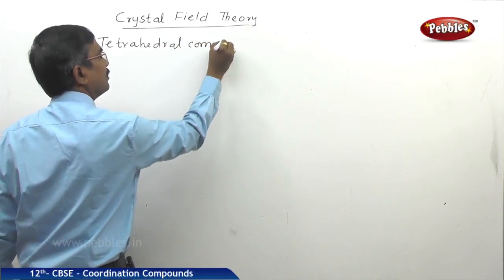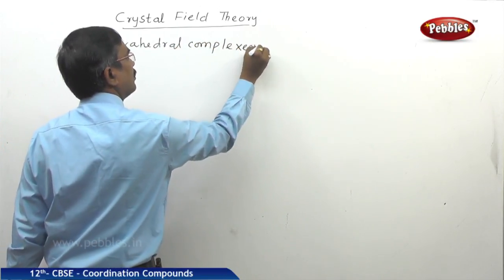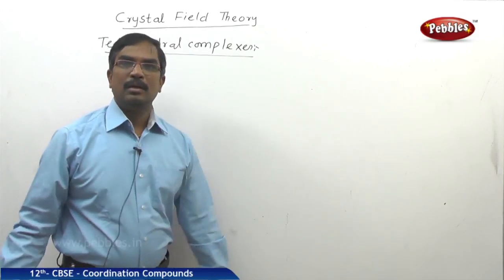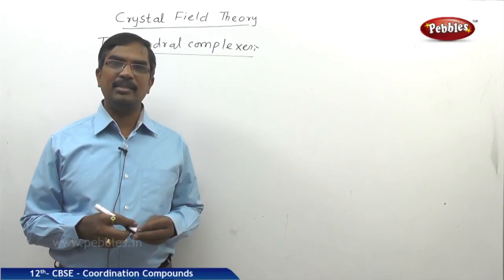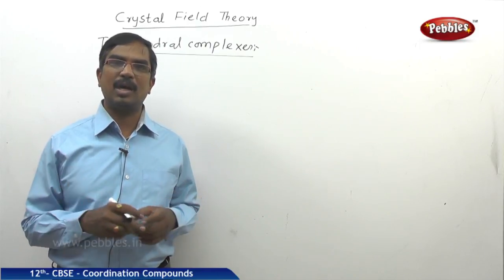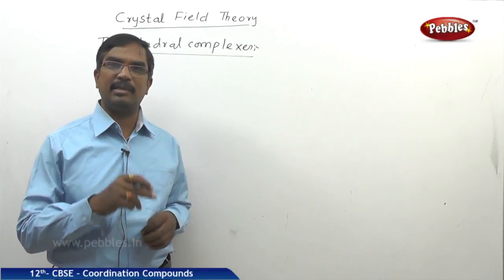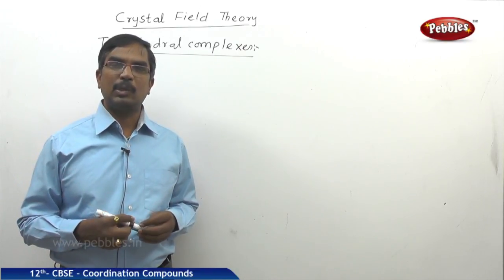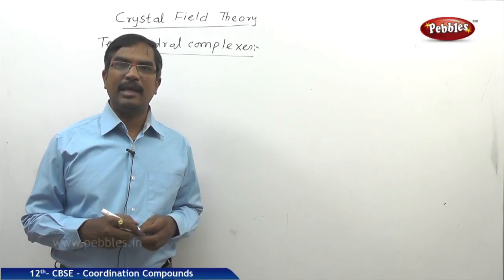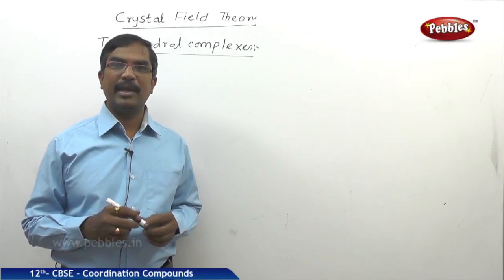Tetrahedral complexes. In the case of tetrahedral complexes, we have only 4 ligands. To understand how the ligands are arranged, just assume a cube. A cube has totally 8 corners.